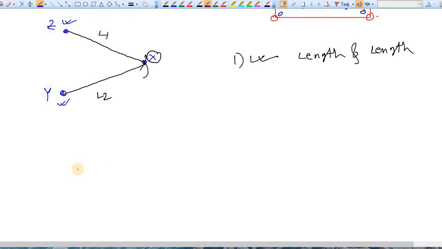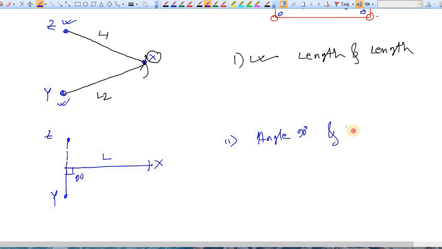Now the second option is that you can take a perpendicular distance. This is Z, this is Y. You take the straight line and take the perpendicular distance. So this is 90 degrees and this is, let's say, L, and you locate X. So here one is an angle, which is 90 degrees, and one is a length.